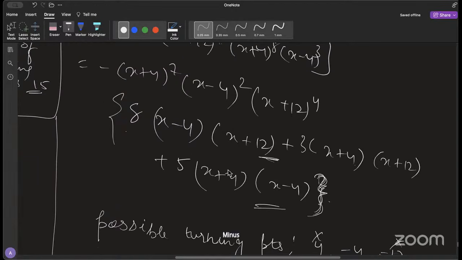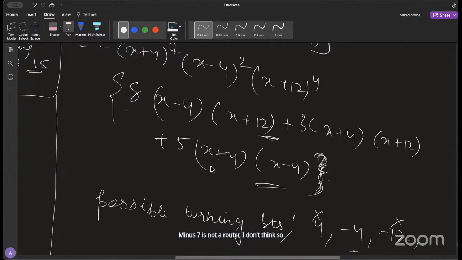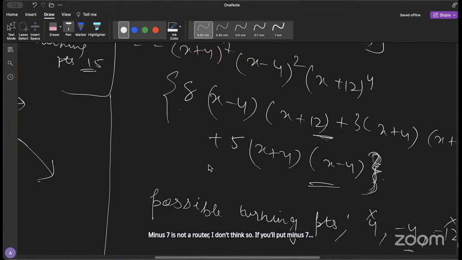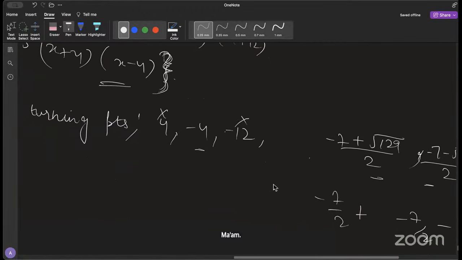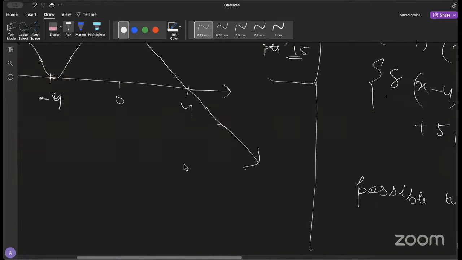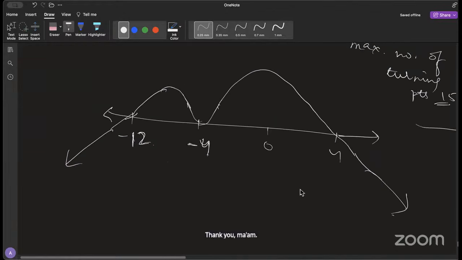Minus 7 is not a root here. I don't think so. If you put minus 7, no ma'am, please check carefully. Ma'am, the roots you have written, both of them are correct, those are the same roots, they come out the same on simplifying. Yes ma'am. Okay. So those are the roots.